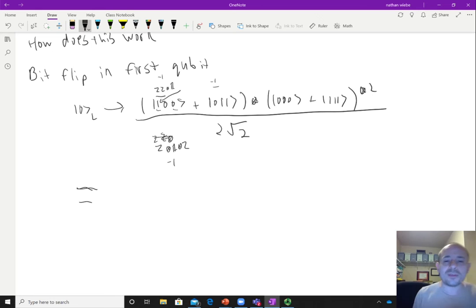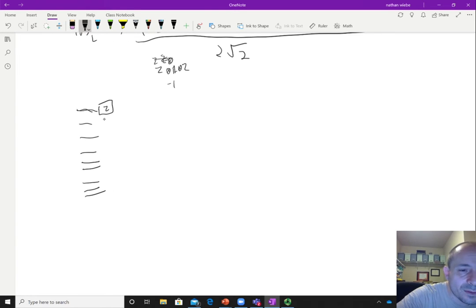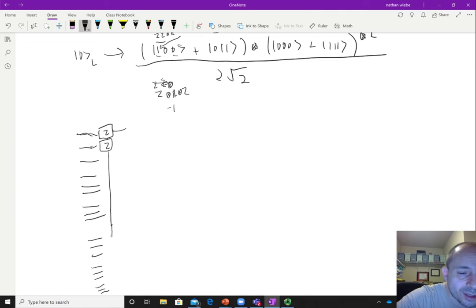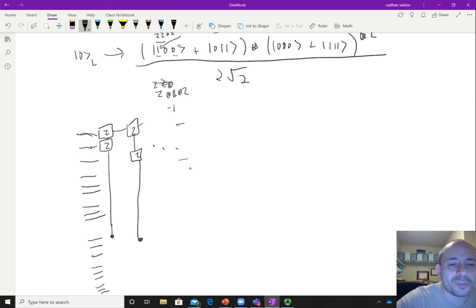The way that this would go is we would have our 9-qubit code over here, and we would measure Z controlled on this one and controlled on that one, and we would repeat this process for all the other pairs.